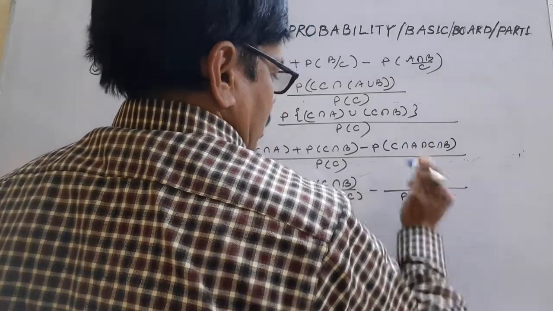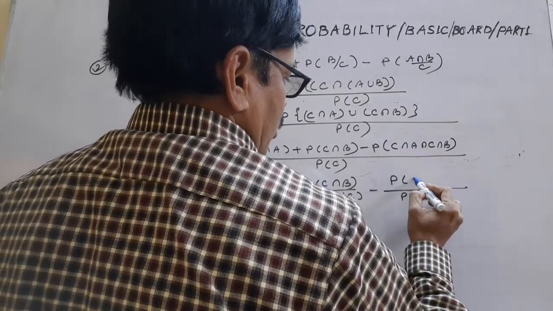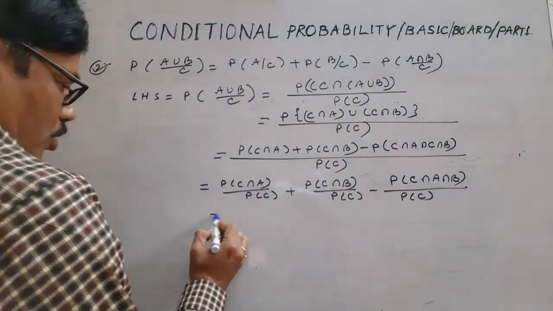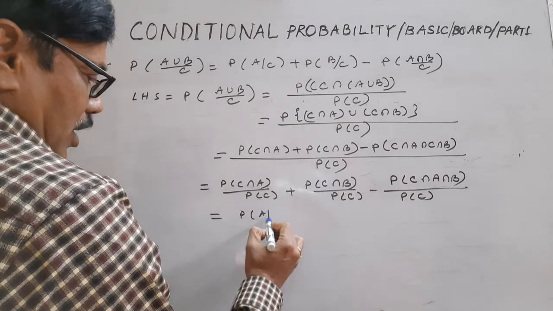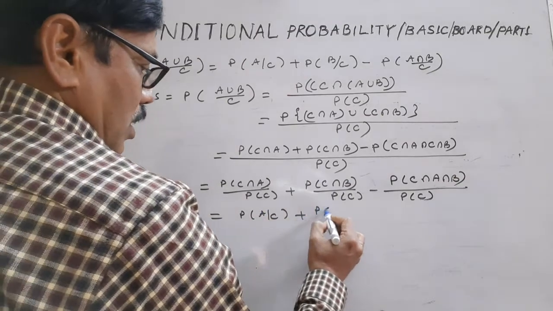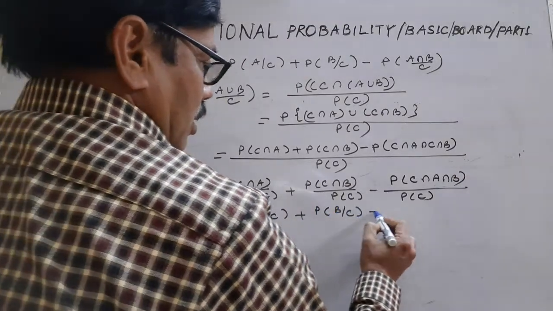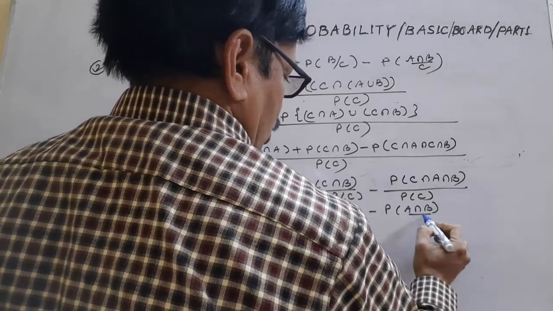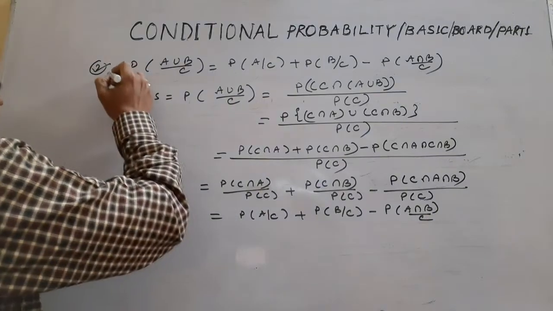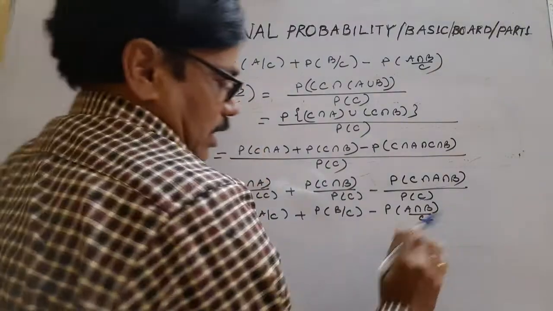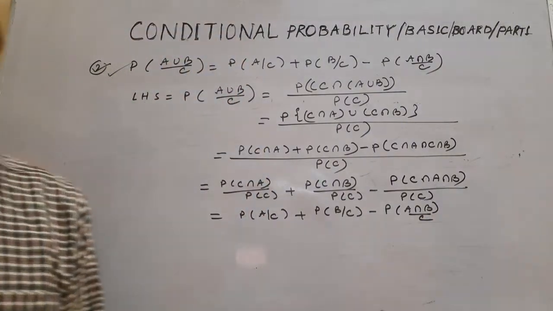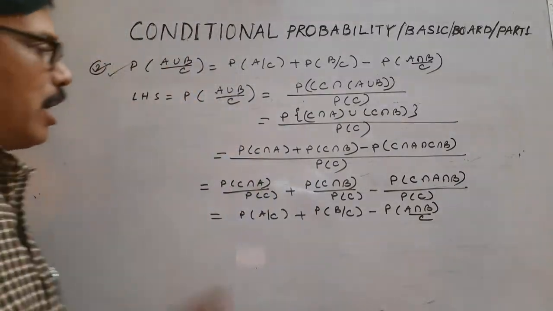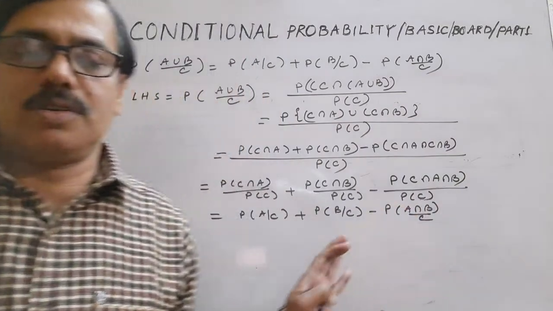So C intersection C is again C, so C intersection A intersection B. So this is P(A|C), this is P(B|C), this is P(A intersection B | C). So this is the proof of the result. So what is conditional probability and two important properties.